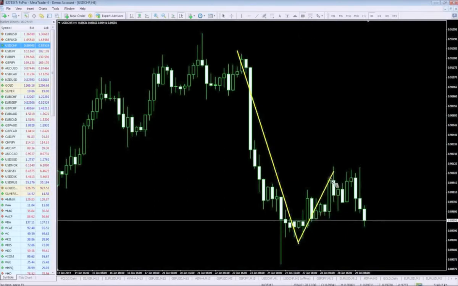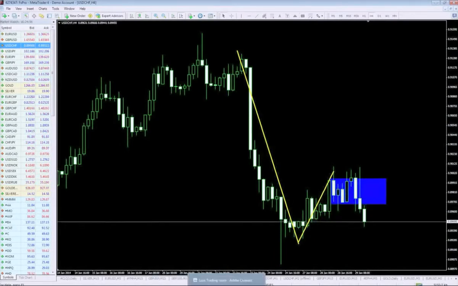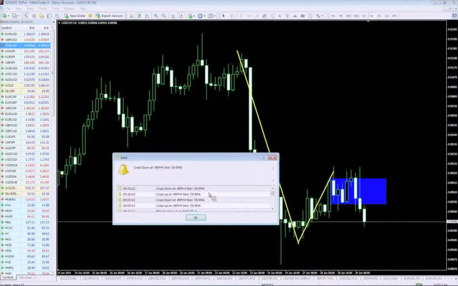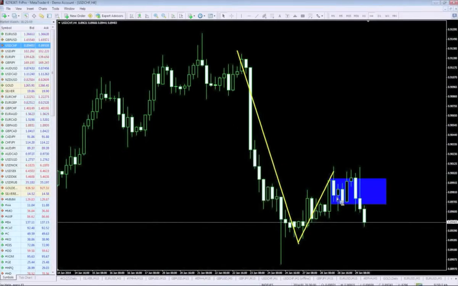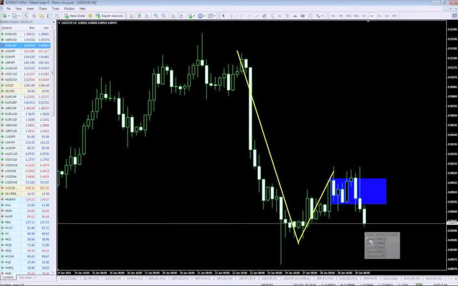And right now, that pullback is consolidating. See that? We had the downtrend, now this is the pullback of the downtrend, and it was consolidating, and it just broke consolidation to the downside. So we may get a little downward push on gold.